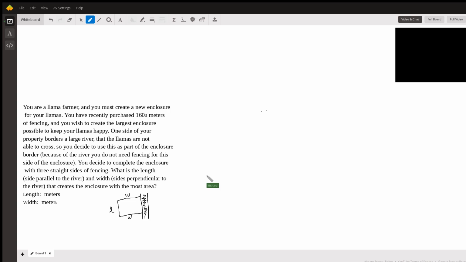And he wants the enclosure to have the largest possible area. Now we know he has bought 1,600 meters of fencing. So L plus 2W is 1,600. And we know that the area is going to be length times width.